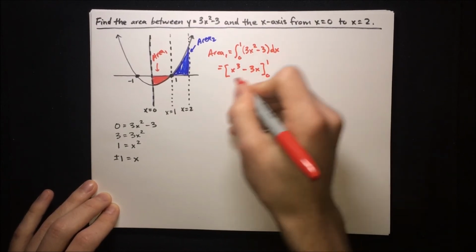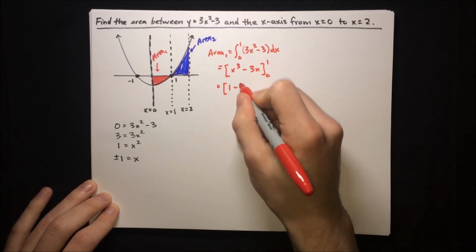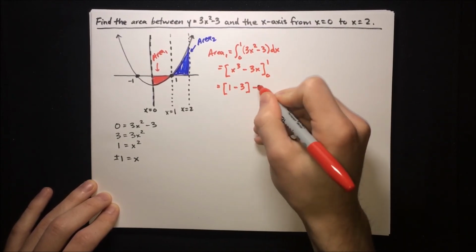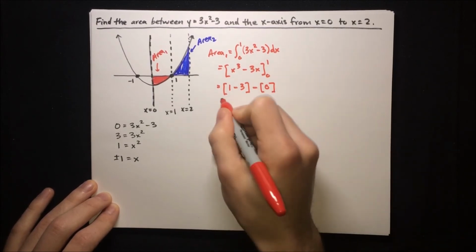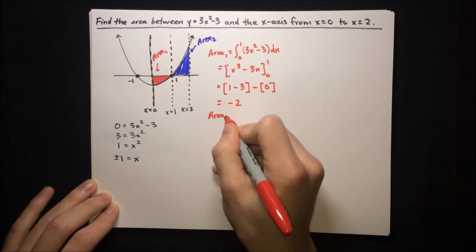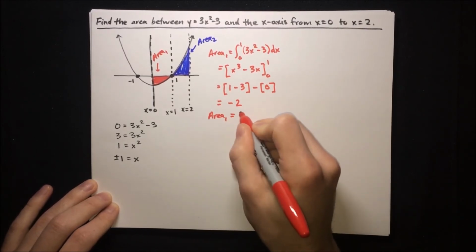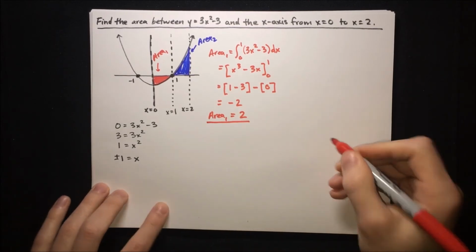Evaluated at the bounds 0 and 1, so that's just 1 cubed is 1, minus 3 times 1 is 3, and everything turns to 0 when we plug in 0, so we've just got negative 2. So for area 1, we want a positive area, so we're going to take positive 2, and that's our area 1.